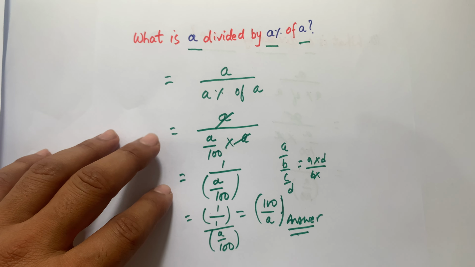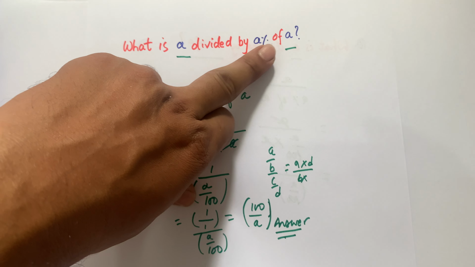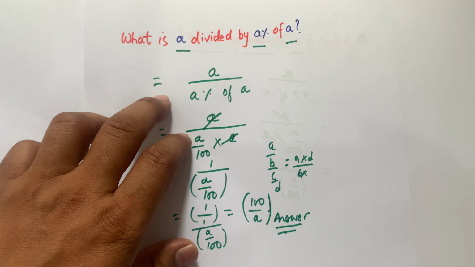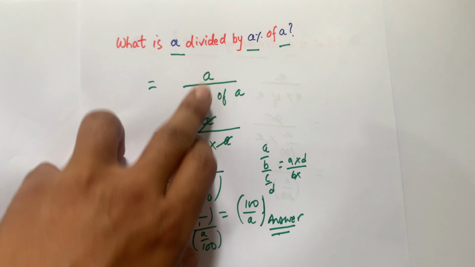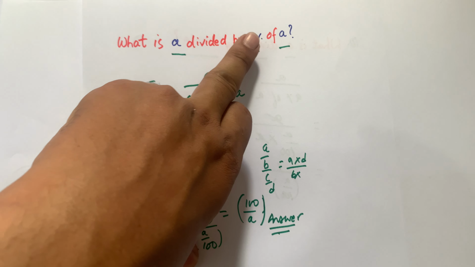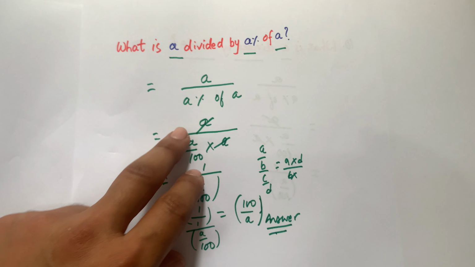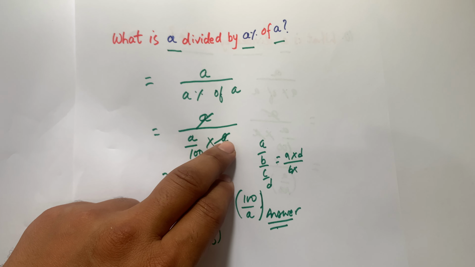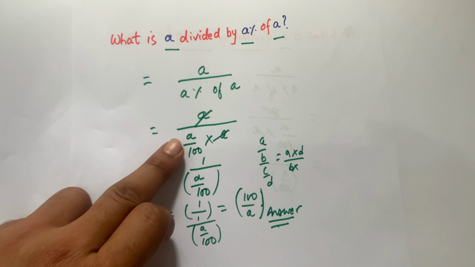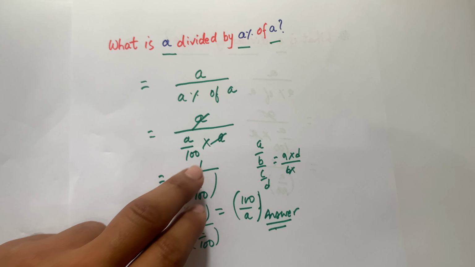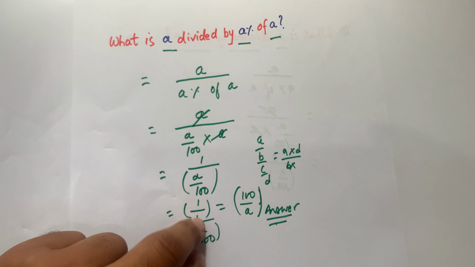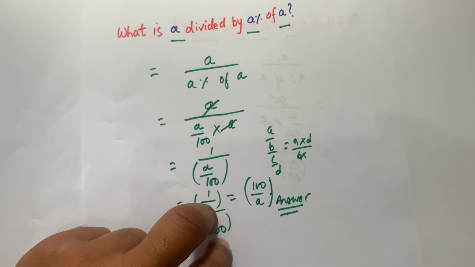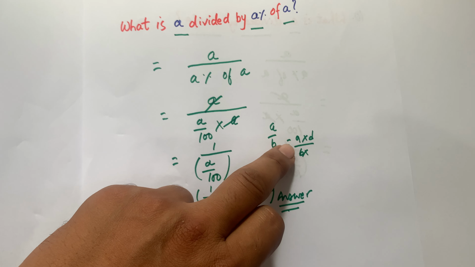Here the next question is, what is A divided by A percentage of A? Always look, what equals A divided by A percent of A. Remove this percent: A by 100 into A, of means multiply, then 1 by A by 100, then convert this into A by B by C by D in this way.